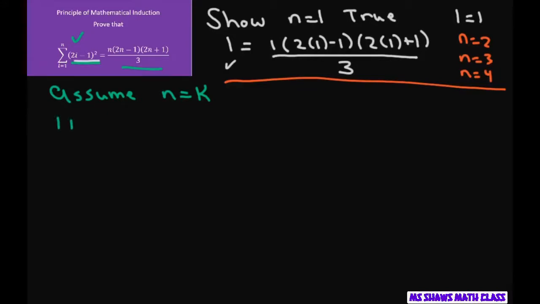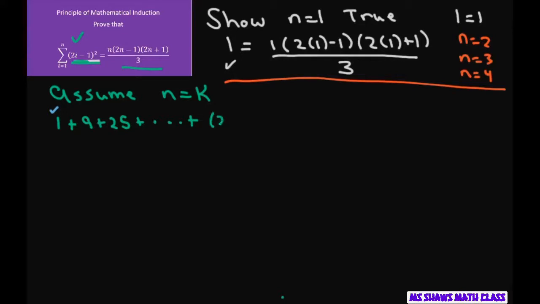So we had 1 plus 9 plus 25. The next one would have been 49. You only need to write 3 terms, especially if your first term is a 1. So always try to practice writing at least 3 terms. And then plug in n for this.